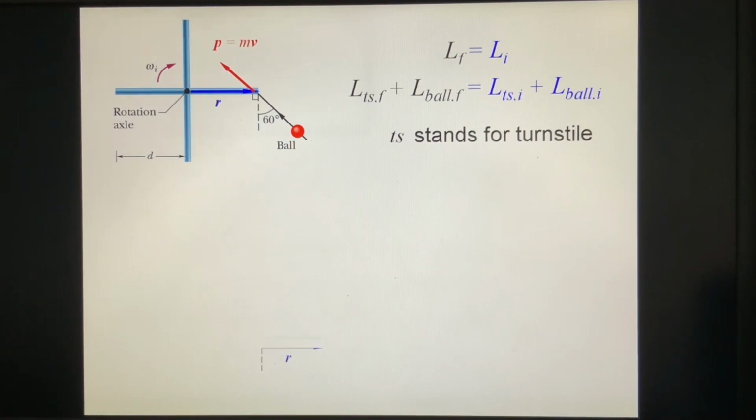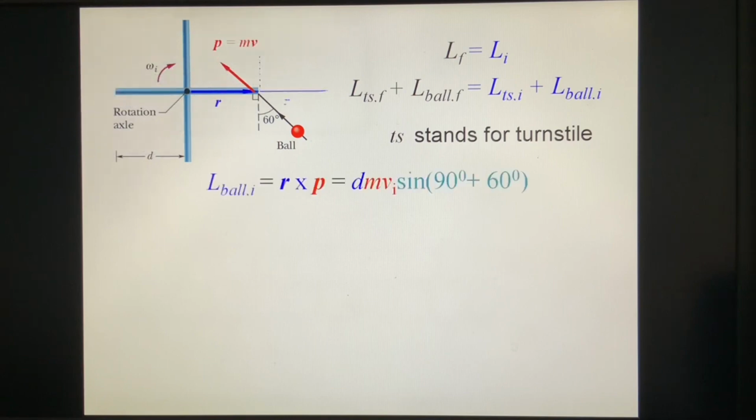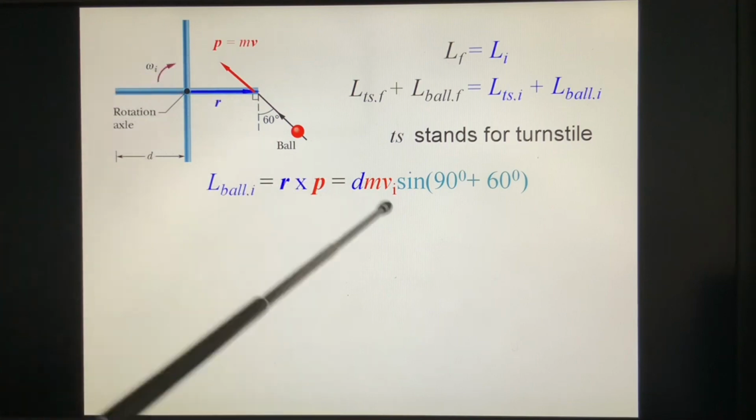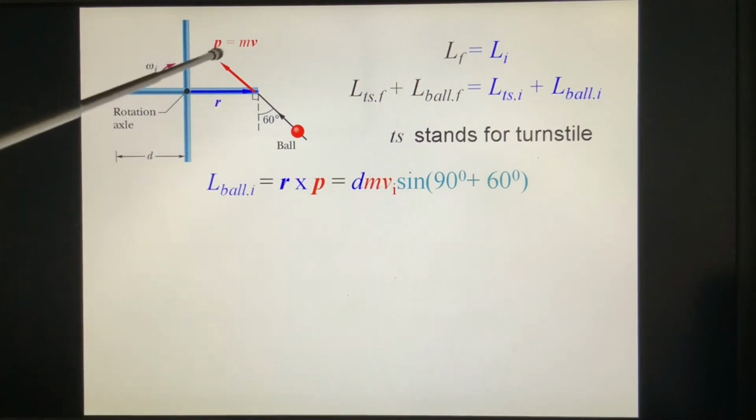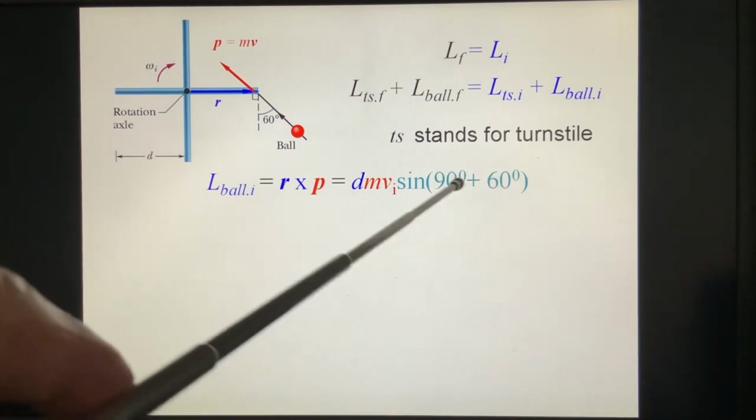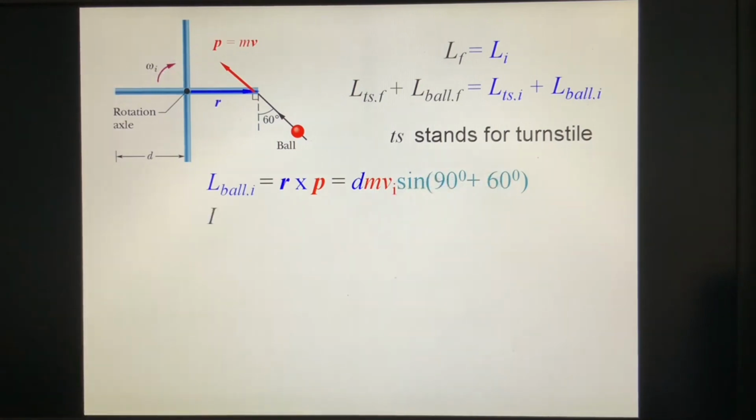What is the angle between r and p? This is 60, this is 90, so this is 60 plus 90, 150. So d is r, p is mv_i, and the angle is 90 plus 60. So this is cosine 60.